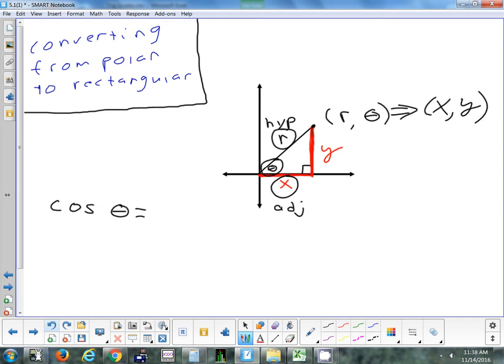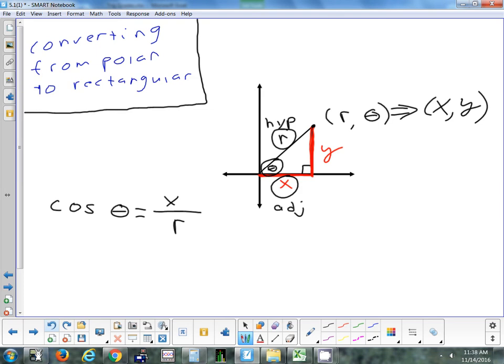So I'm going to write down cosine of my angle, which again, I will know this. I'll have a number. Equals what goes on top? Connor? Adjacent over hypotenuse. Now my goal is to get x by itself. I want a formula that can calculate x. So how do I get r on the other side?